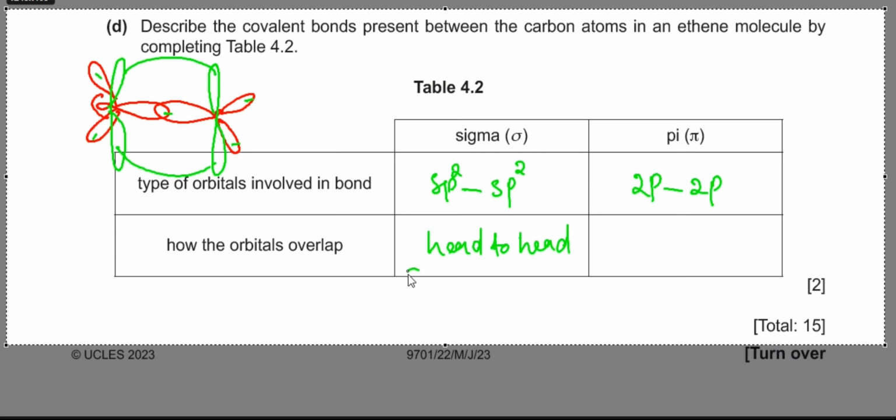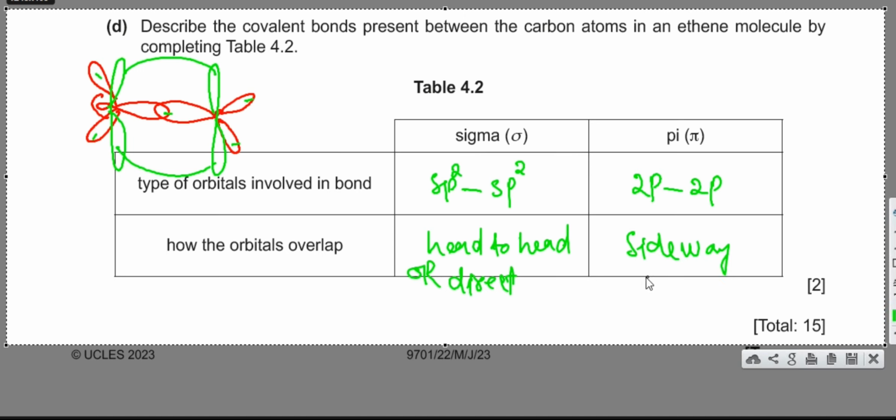Whereas this 2p orbital overlaps the other 2p orbital sideways, so we can say sideways overlap, and you may write lateral overlap.